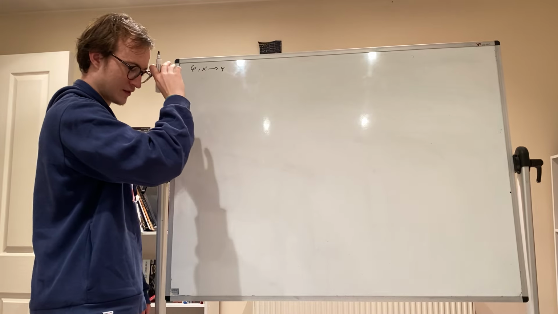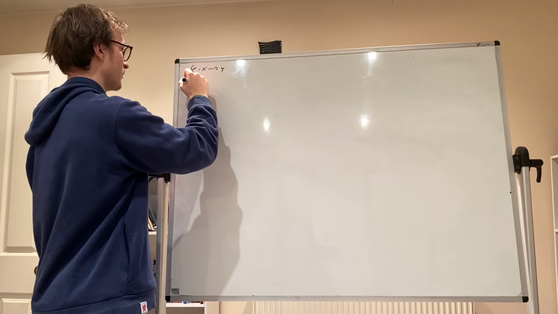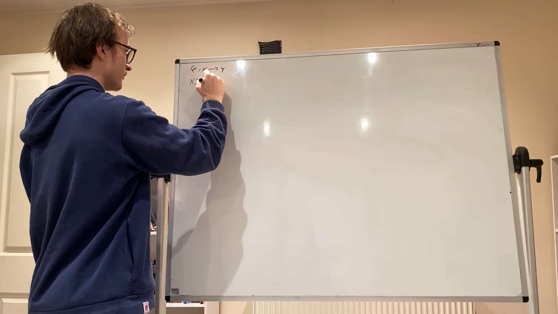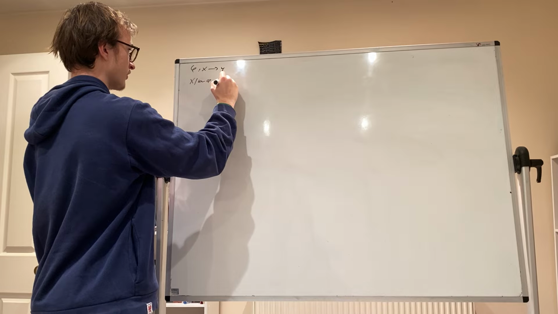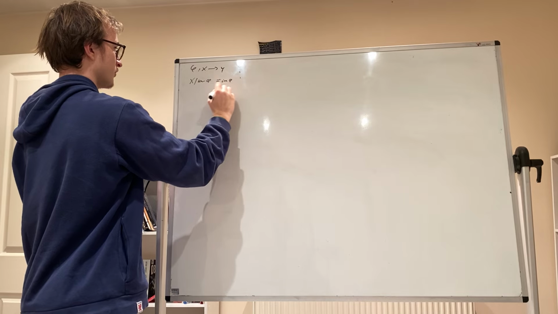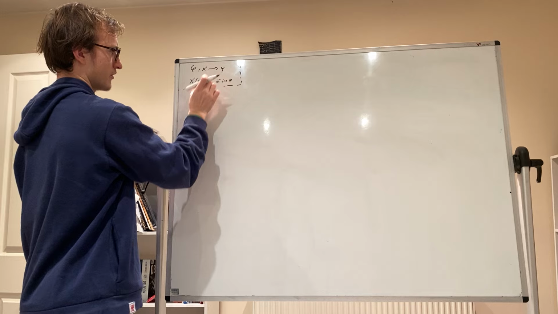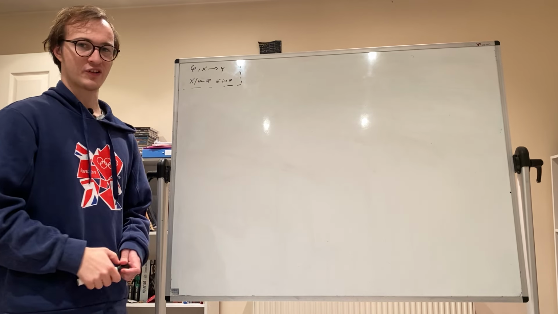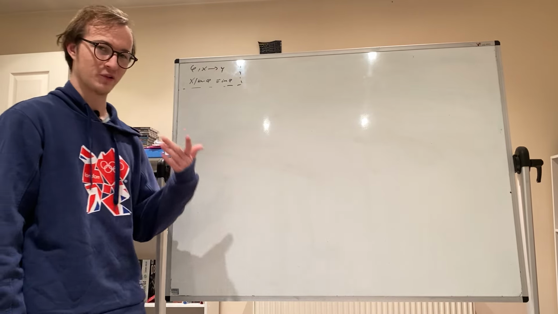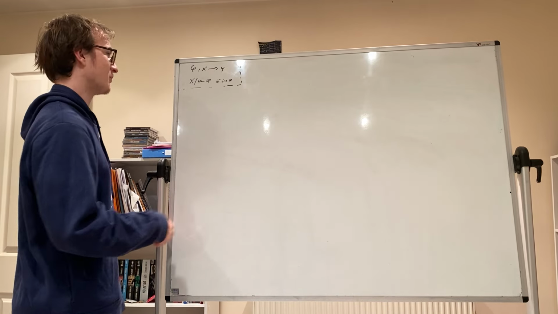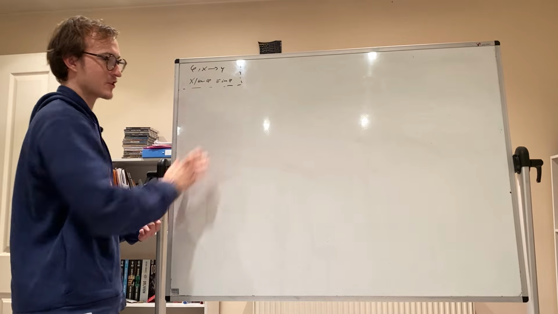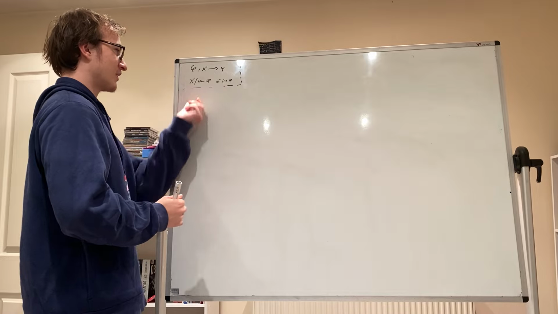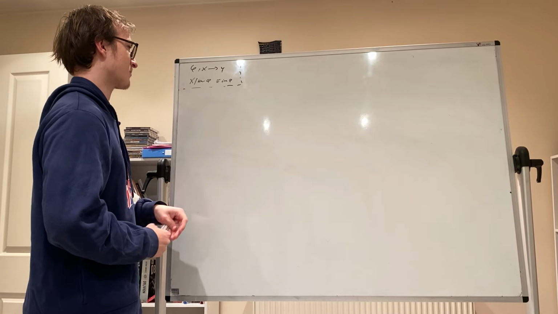In a nutshell, the first isomorphism theorem is telling us that x mod the kernel of phi is isomorphic to the image. I should say more words there, but in a nutshell, this is what it's saying. This video is not meant to be a precise proof of the first isomorphism theorem or anything. I'm assuming you've seen the statement before, or this is sufficient for you to carry on the video. But basically, this quotient here is isomorphic to the image.